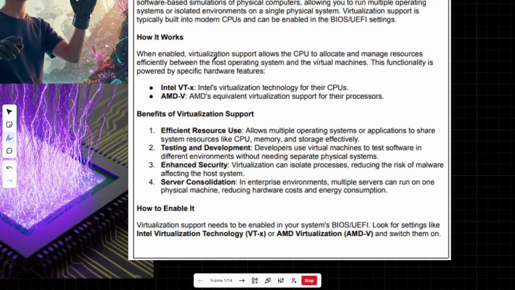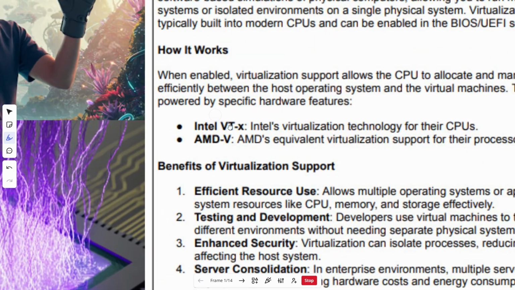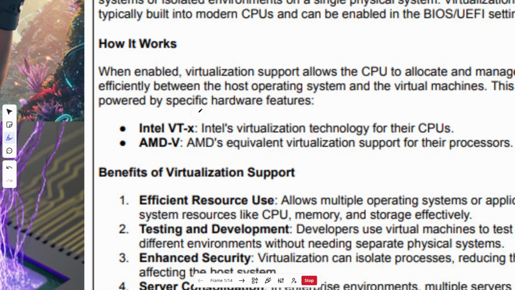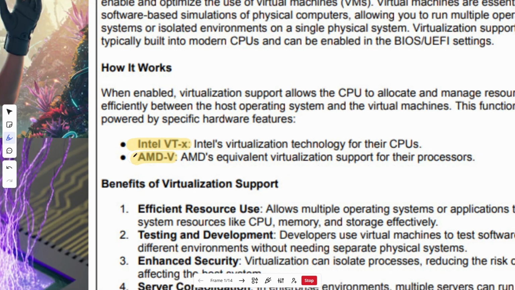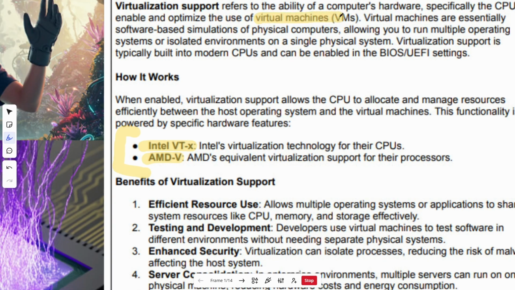Basically, I'm going to cut through all this text for you and just zoom in and say, if you are looking at an Intel CPU, you need to make sure that they have Intel VT-x. If you're looking at an AMD CPU, you need to make sure there is AMD-V, okay? You need to have those in order to be able to use anything requiring virtualization, such as virtual machines, all right? If you don't have that, you really can't do that.